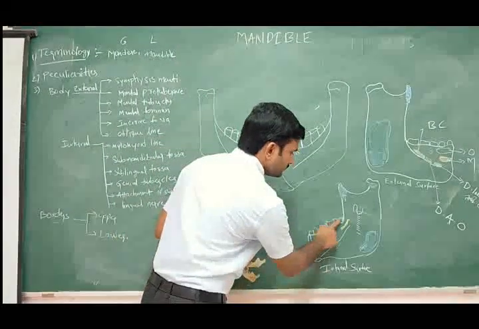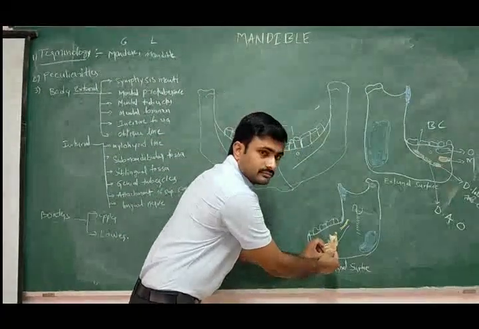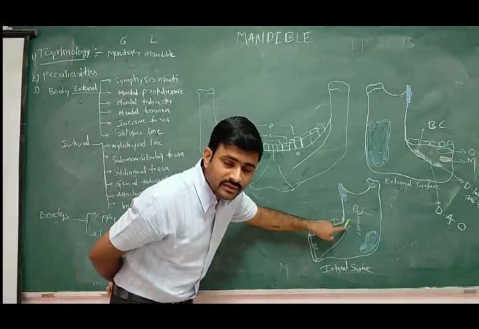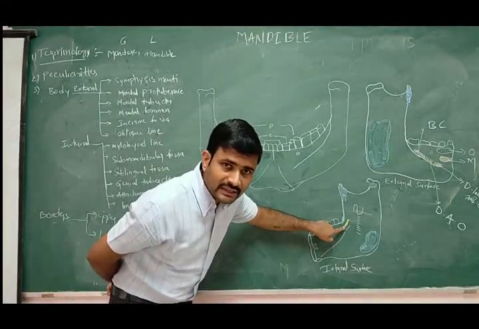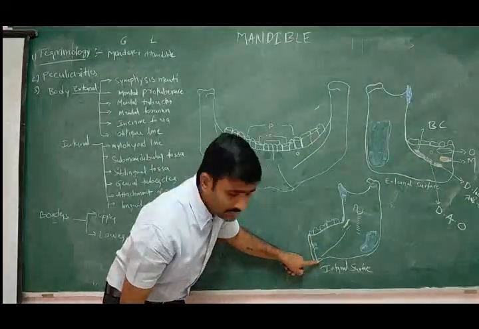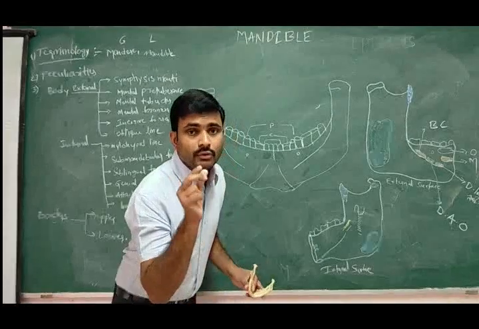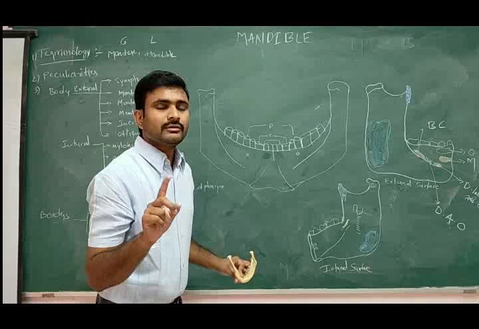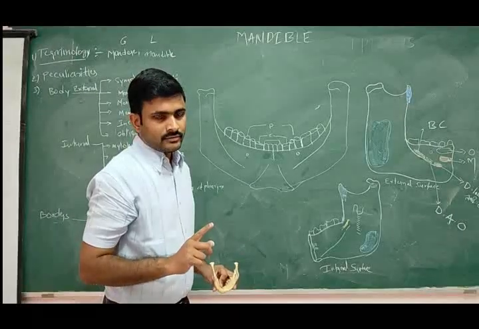So this mylohyoid line begins behind the third molar tooth, descends in a downward direction, and reaches a fossa below. That fossa is called the digastric fossa. Clear?